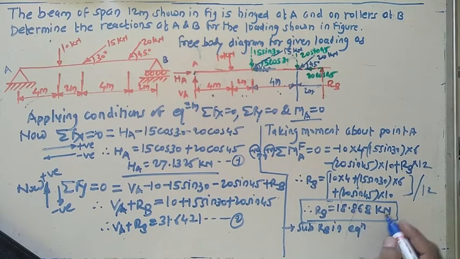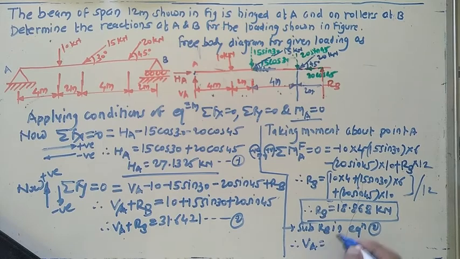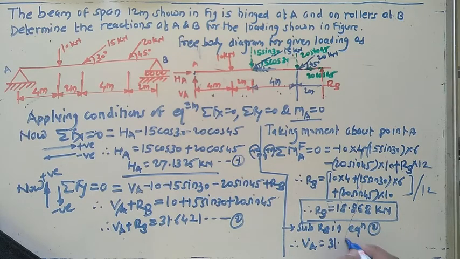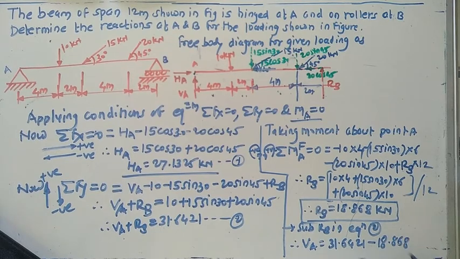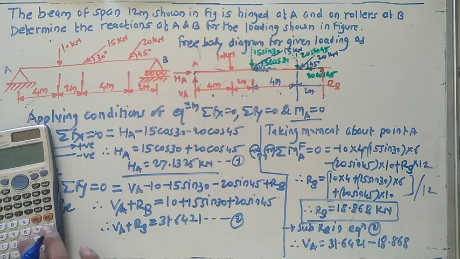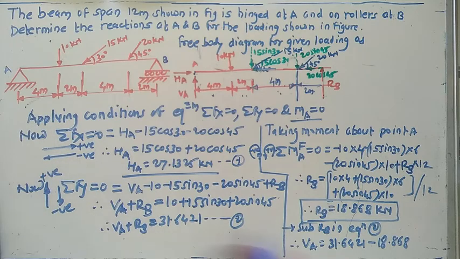In equation 2, what do we get here? VA equals 31.42868 minus the calculation, so we get 12.77 as the answer.